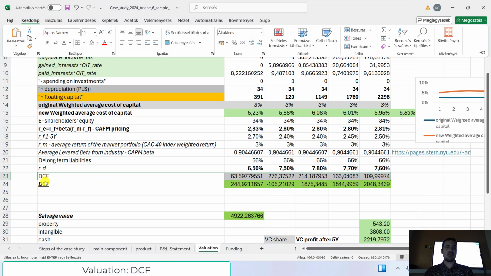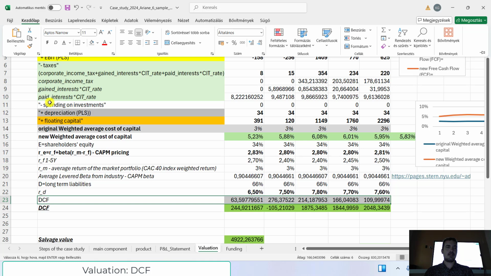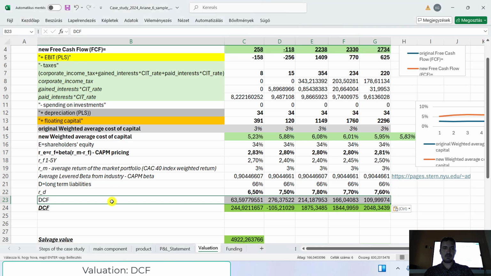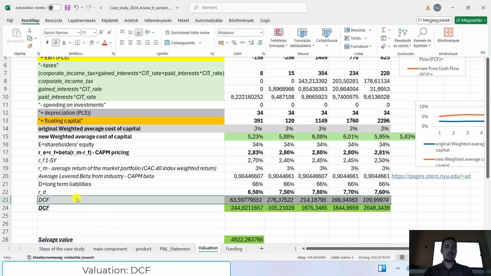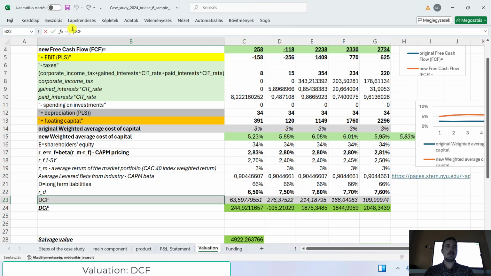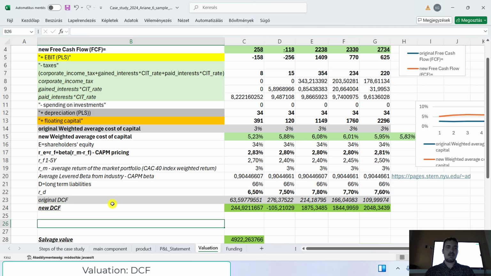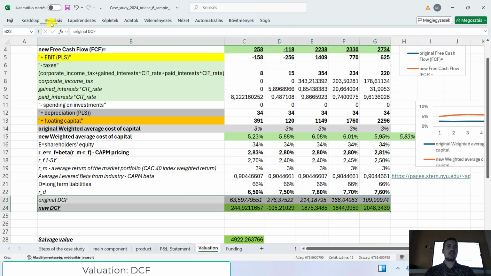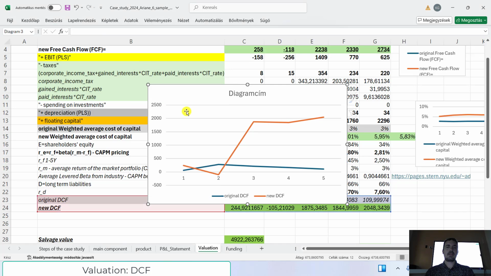Let's use the same structure. In italics, no, I don't want that. Okay, and it should be gray, and then we can see that this is the original DCF, this is the new DCF. We are creating again a nice diagram.